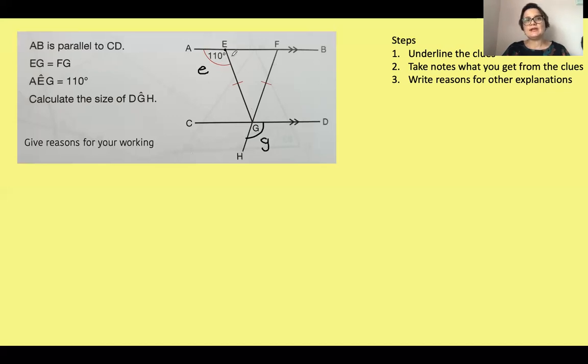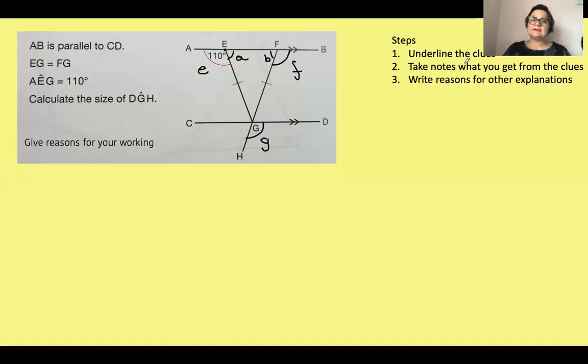I'm going to relabel this one as a lowercase a, this one here as a b, and this angle here as a lowercase f. This is all to make the working out easier.